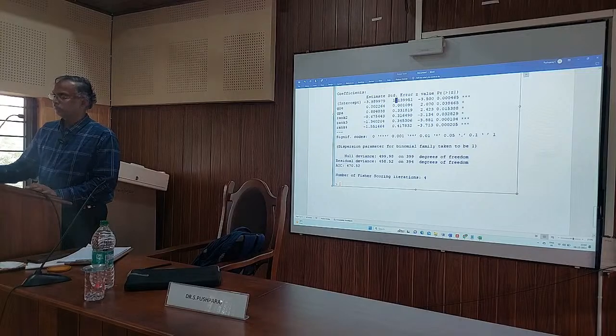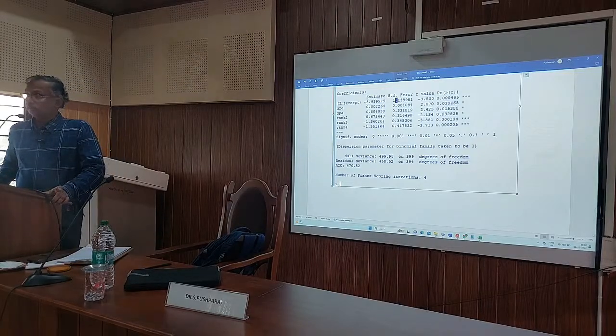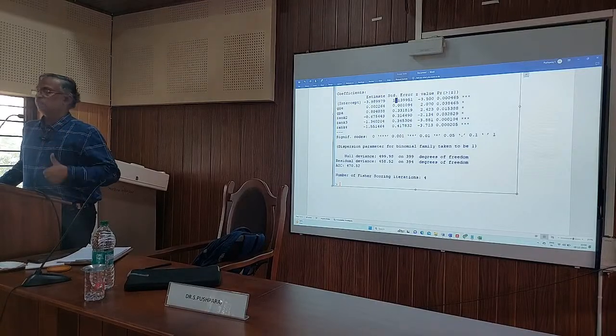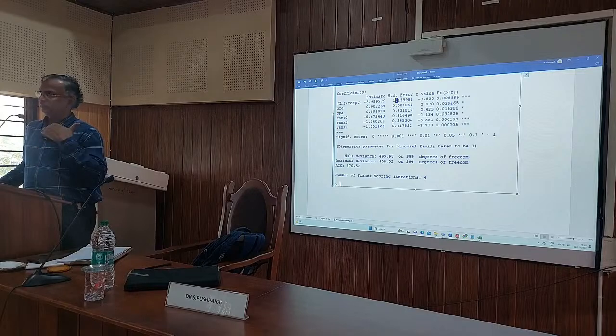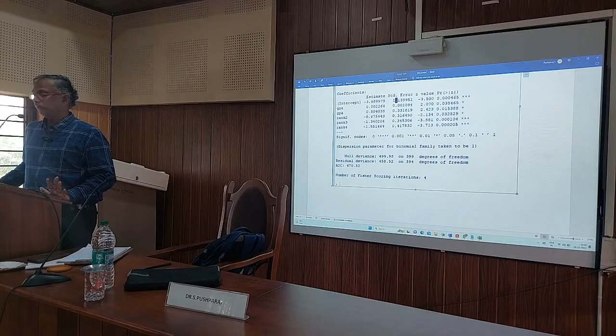Look at this. So this is the logit model. As in the case of probit, here also you can interpret the relationship, whether they are positively related or negatively related. All the values are significant at 5% level.